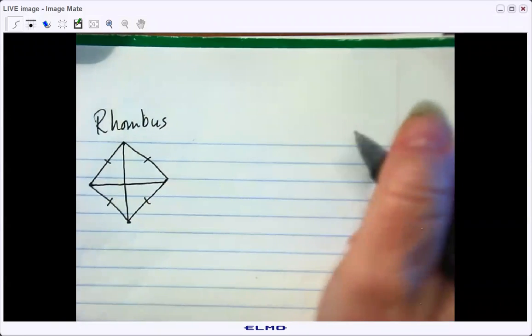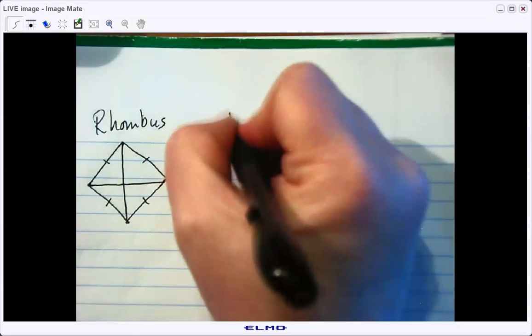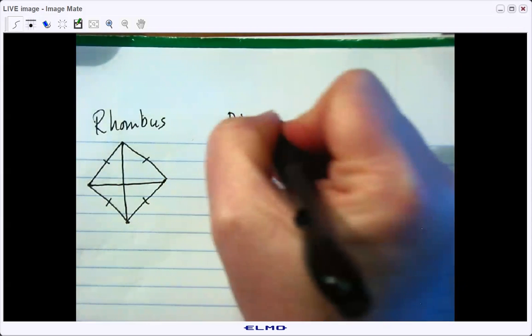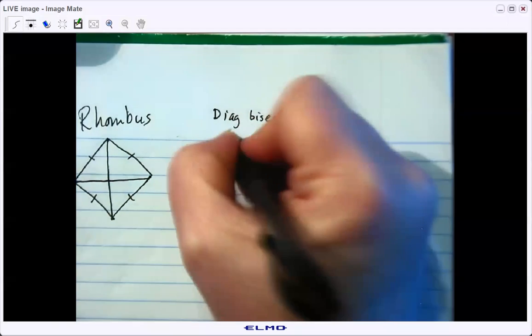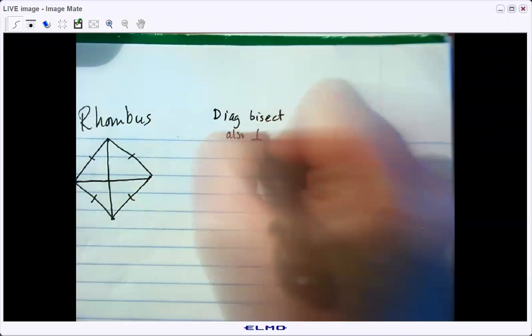So just like with a square, all the sides are equal, the rhombus also has all the sides equal. And here's the diagonals. And just like the other parallelograms, the diagonals will bisect. But the diagonals are also perpendicular.